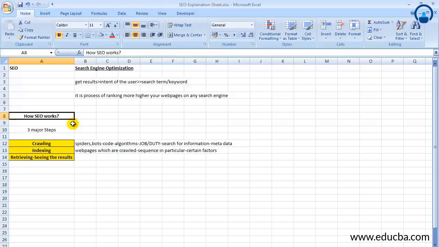What are the major steps happening at the back end whenever we have an intent in our mind, put it in the form of a few terms, and click on search? As soon as that happens, we see the results appearing on our search engine page.